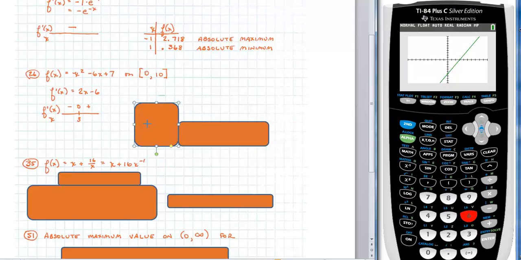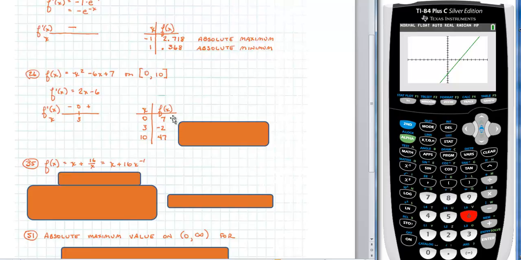So let me move my box over a little bit. I start with the left endpoint, any critical numbers that are in between, and I end with my right endpoint. I take these back to the original, and if you do that, you should come up with this information.